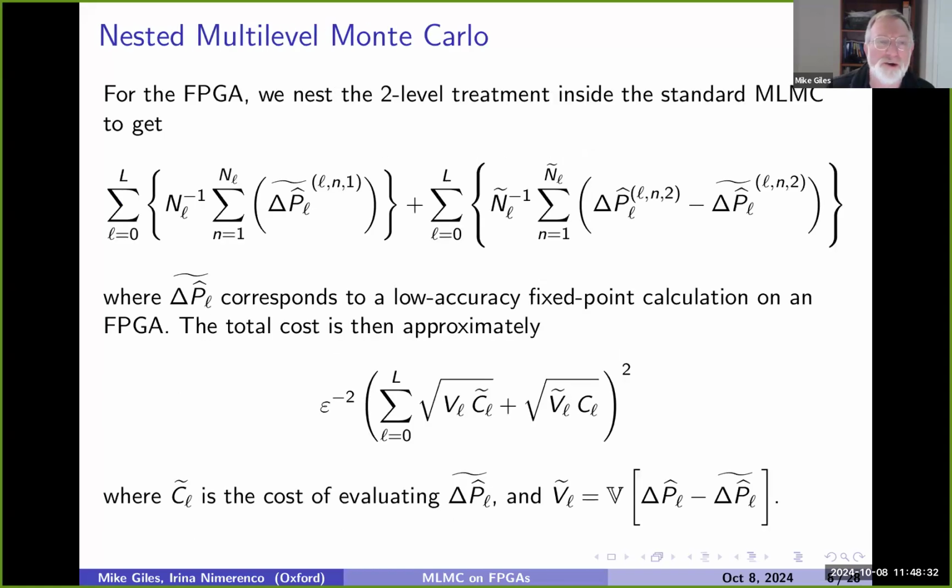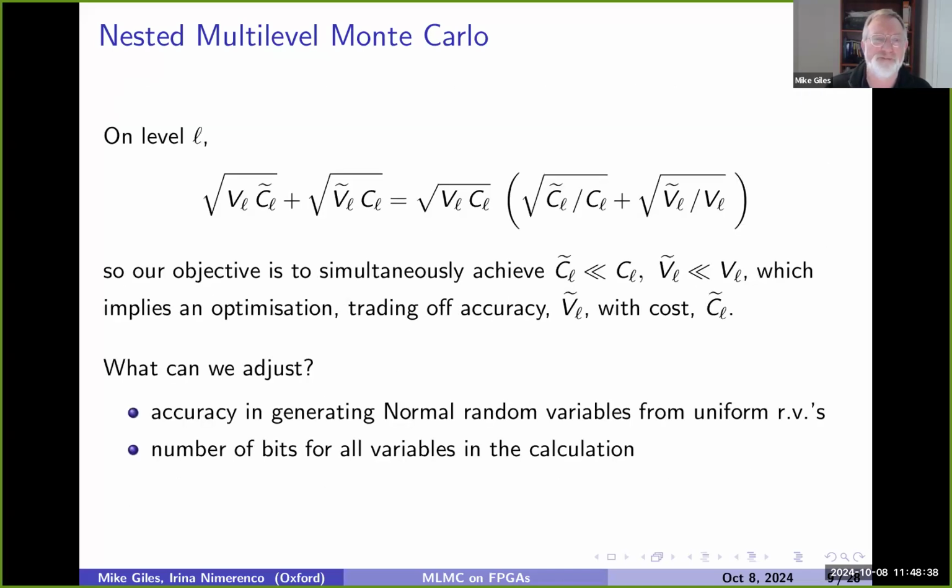Okay, so I think I've finished that. On level L, this is just slightly rearranging things. On the right-hand side, what I have is the square root of VLCL, which is what we would normally have, multiplying this sum of two square roots.